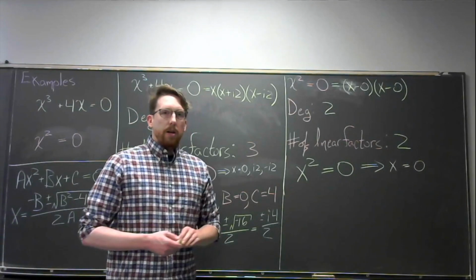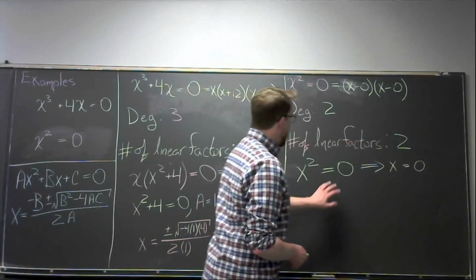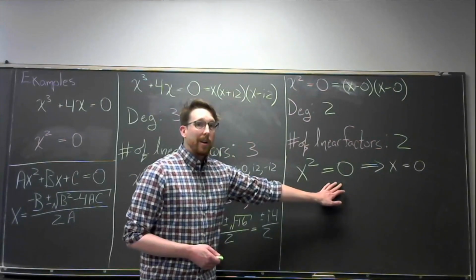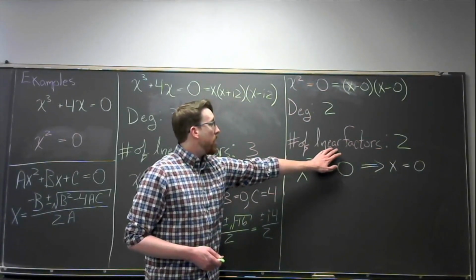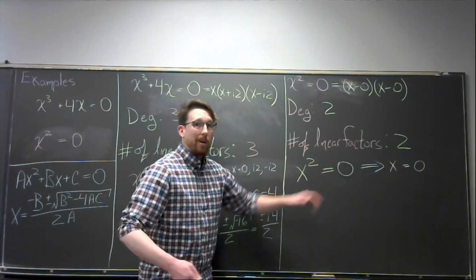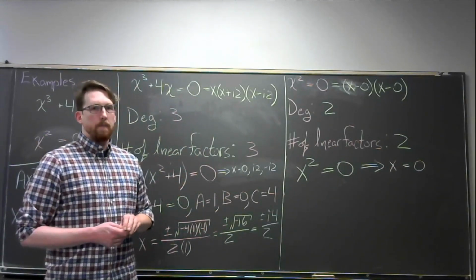Now, what does this tell us? What this means is if the number of roots that your polynomial has is less than the number of linear factors, then one of them is going to repeat. One of those roots has to repeat at least once.